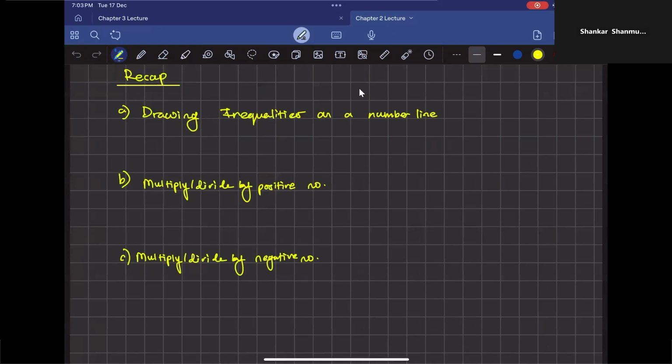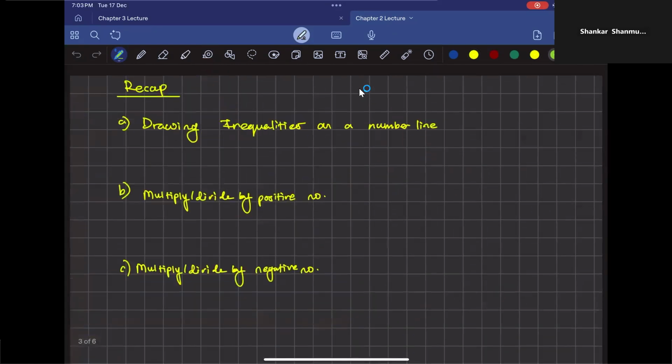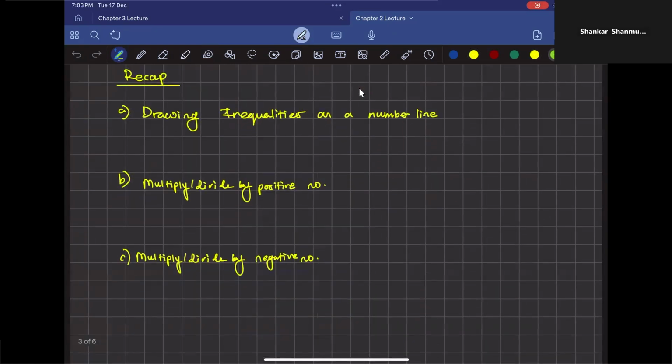Okay, so firstly, you should know how to draw linear inequalities in a number line. So let's take a look now. Let's say you have an equation that is, for example, x is greater than or equals to 3. So when you draw a number line, 0, 1, 2, 3, 4. Let's say you have drawn a number line.